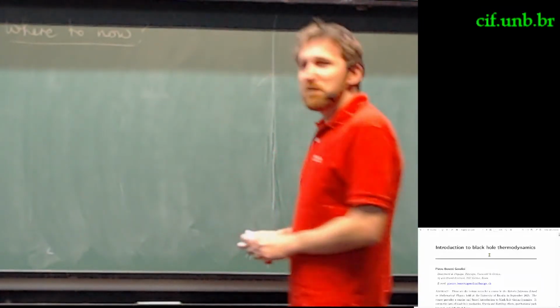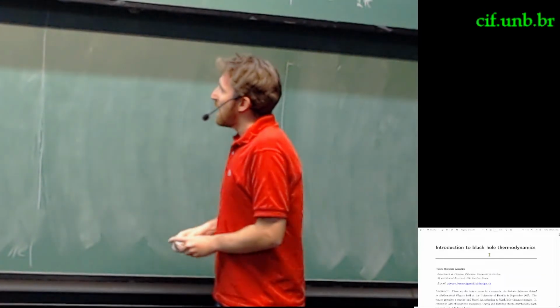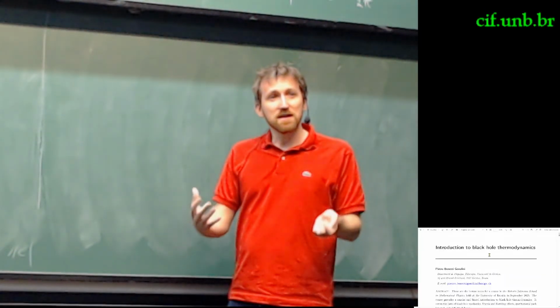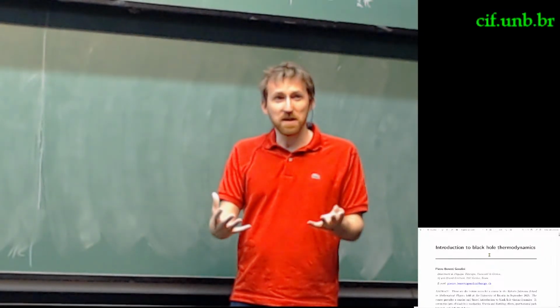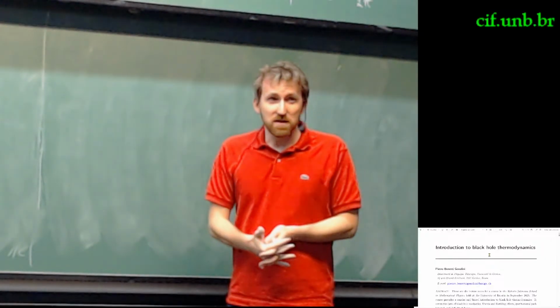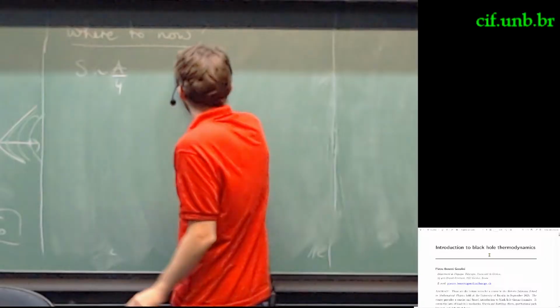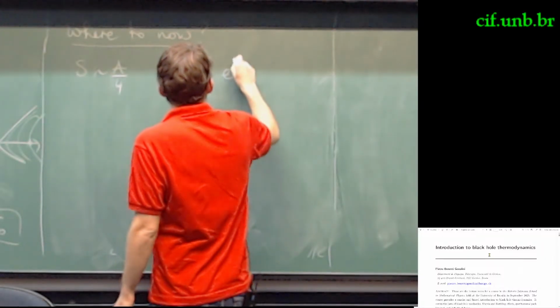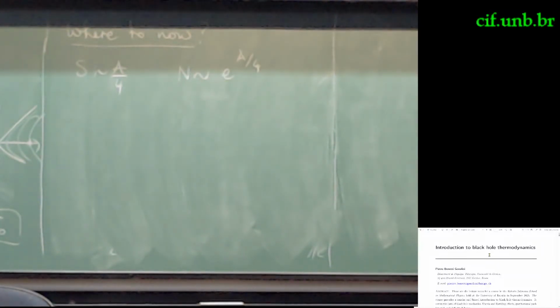The first: if a black hole is really a thermal object, then I should also be able to explain or justify its entropy from a microscopic theory. So if I have an entropy that scales like area over 4, then I should be able to count a number of microstates that grows like the exponential of A divided by 4.